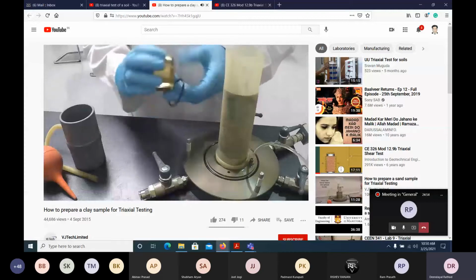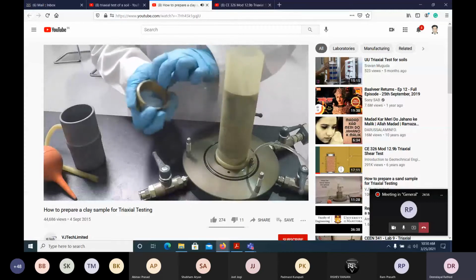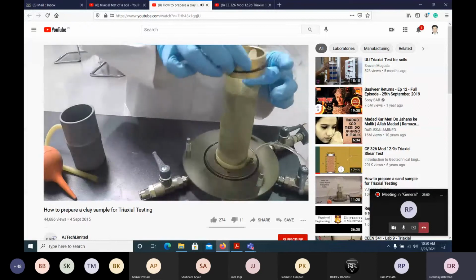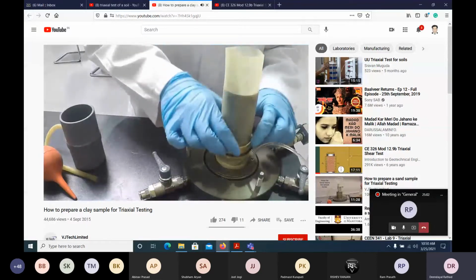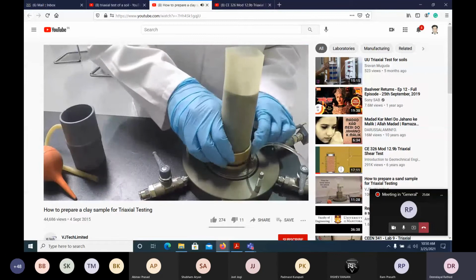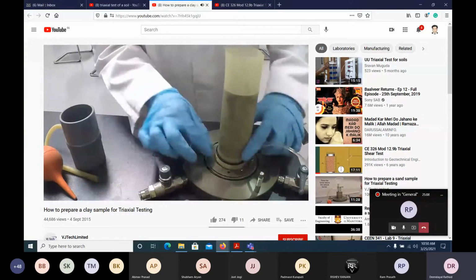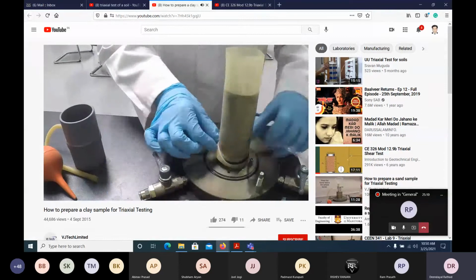You will now need to secure the membrane in position with an O-ring using an O-ring stretcher. Slide the stretcher over the specimen and roll the O-ring down. Ensure the O-ring rolls onto the base pedestal and not onto the specimen.